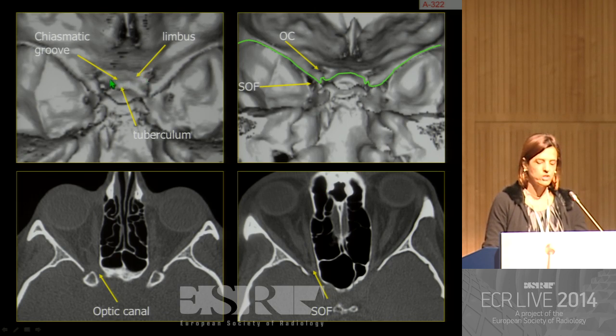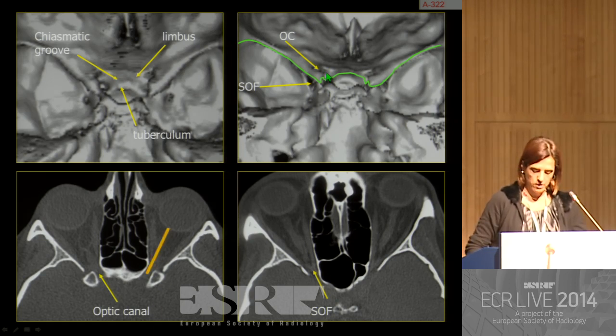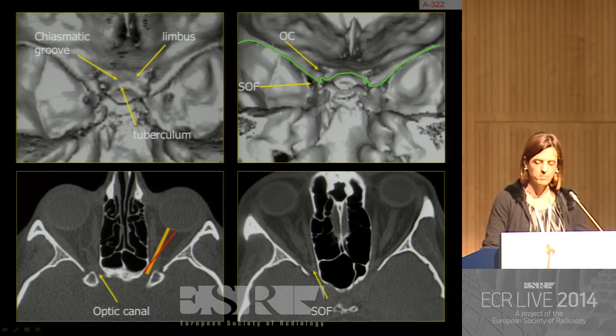It is a linear depression oriented in the transverse plane in the planum sphenoidale, and it is made by the optic chiasm. Immediately anteriorly and laterally to the optic chiasm, you have the optic canal, and this optic canal gives way to the optic nerve and to the ophthalmic artery.